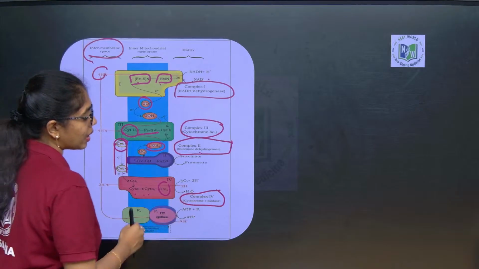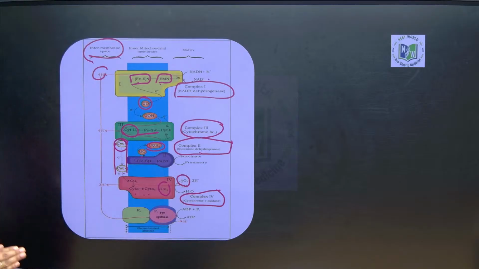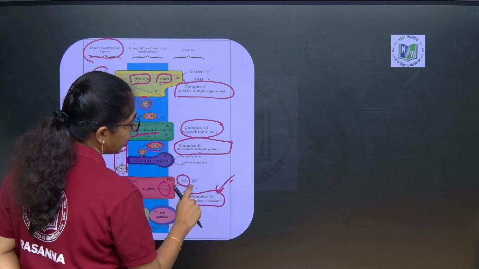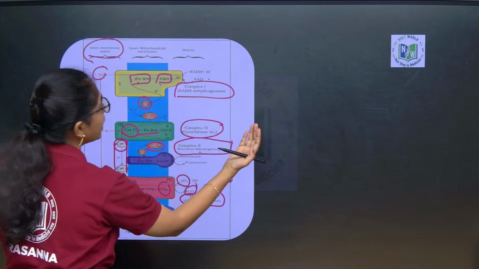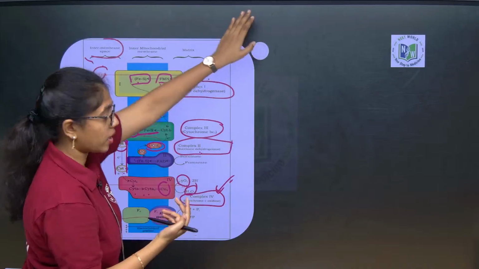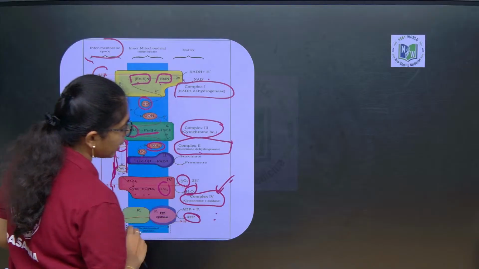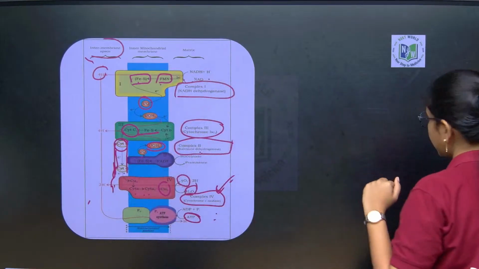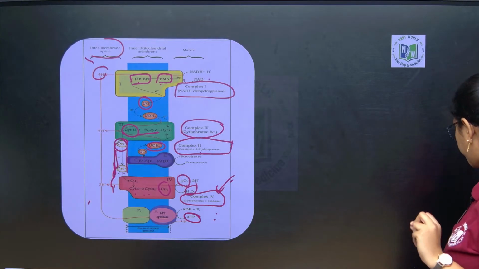The ultimate electron acceptor in the ETS is oxygen, and complex 4 at the end forms a water molecule; it is called cytochrome C oxidase. All this generates a proton gradient between the intermembrane space and the matrix. The protons move from the intermembrane space into the matrix, leading to the formation of ATP and making the mitochondria the powerhouse of the cell. This is all about the electron transport system that you have to remember.